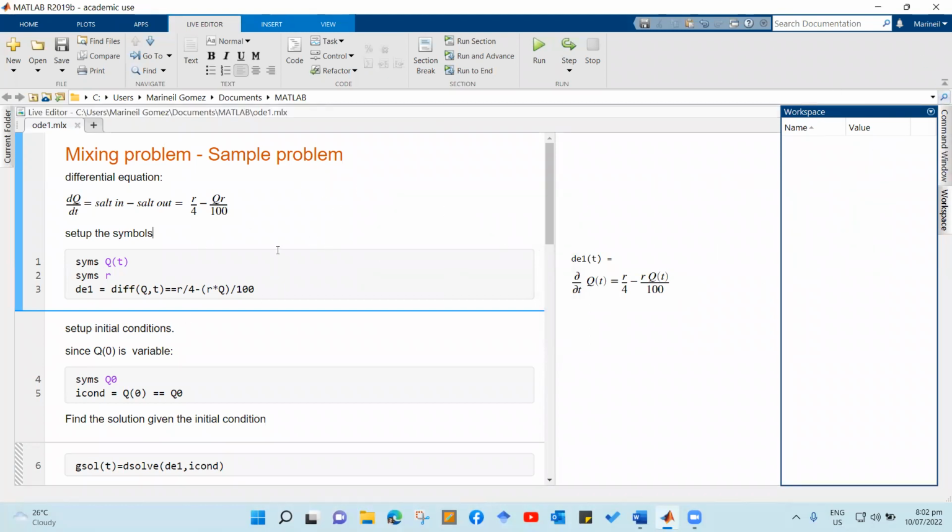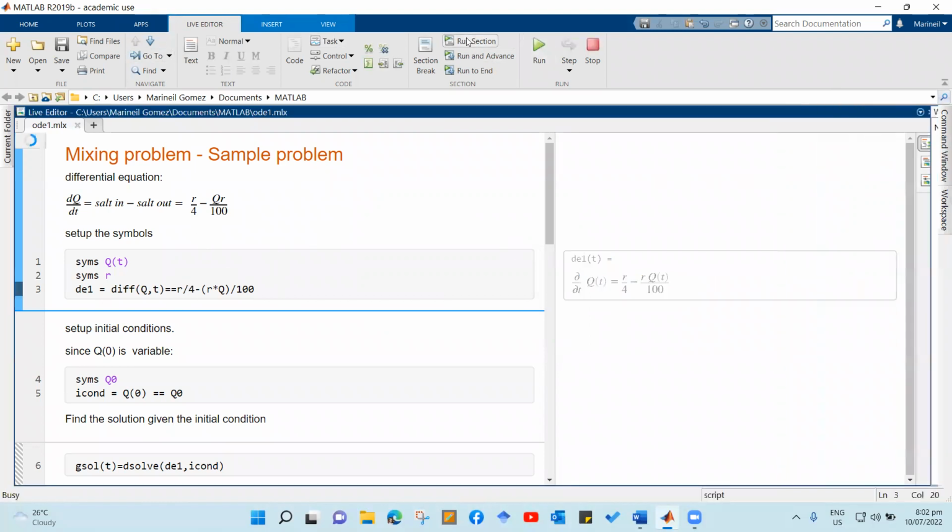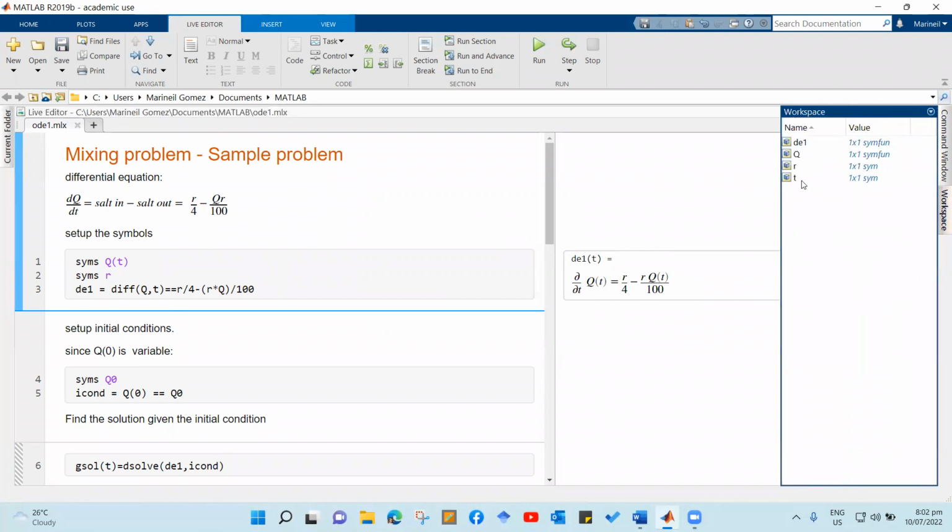Initially, when you first run this section, from the blank workspace you now have several variables. You have q and t here. So q is now a symbolic function of t, which is a symbolic variable, and then another symbolic variable r.